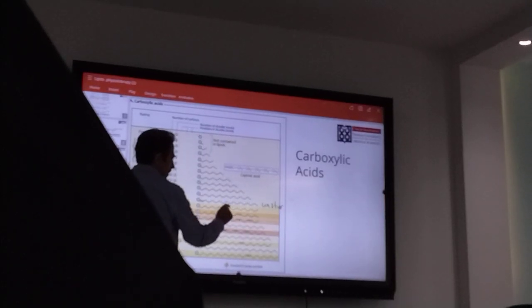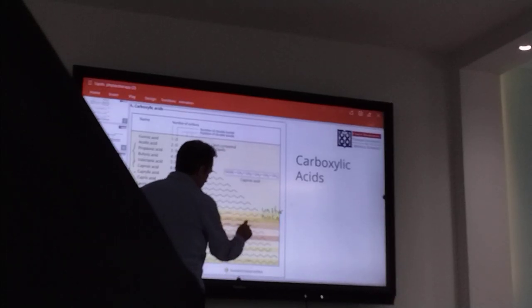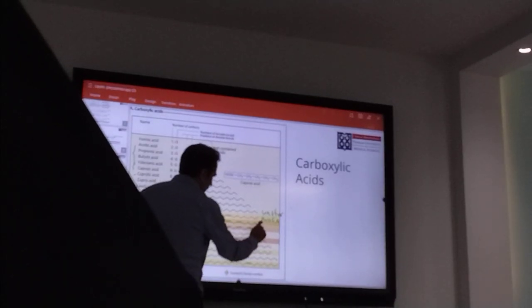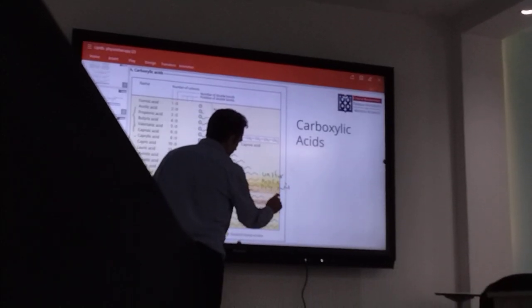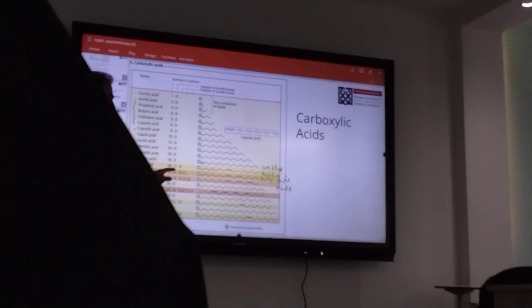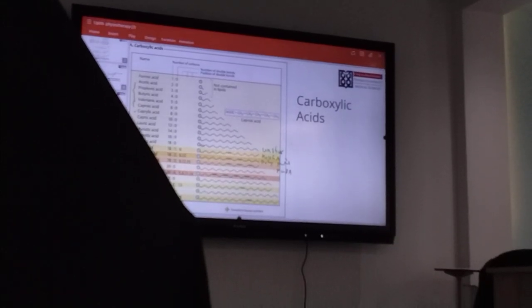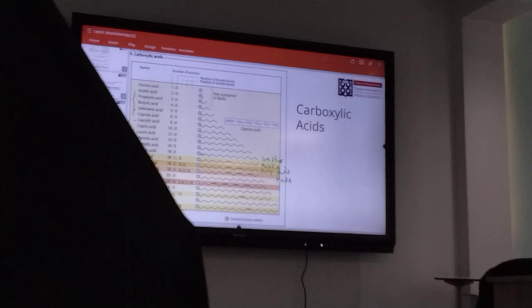How about this one? Monounsaturated, or MUFA. How about this one? Polyunsaturated, exactly, PUFA. And another one is also PUFA, with 20 carbons instead of 18 carbons.